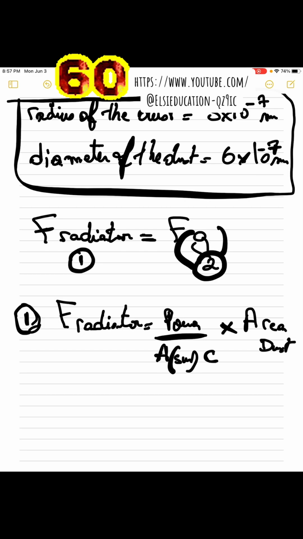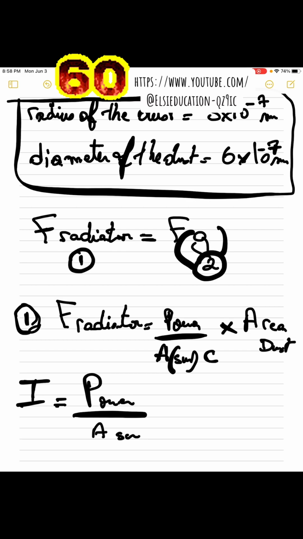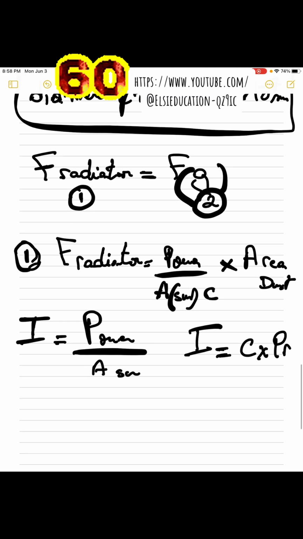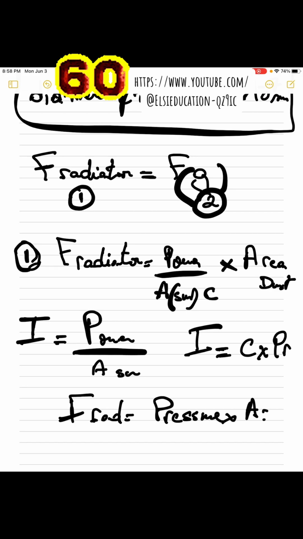Okay. To come to this formula for the force of radiation, we use that the intensity is equal to power divided by the area of the sun, and the intensity is equal to the speed of light multiplied by the pressure, and then the force of radiation is equal to the pressure multiplied by the area of the dust.